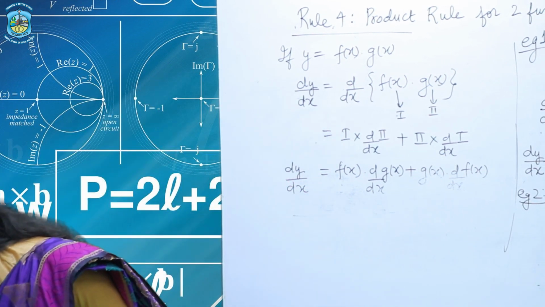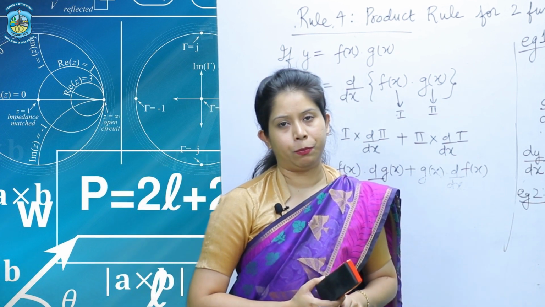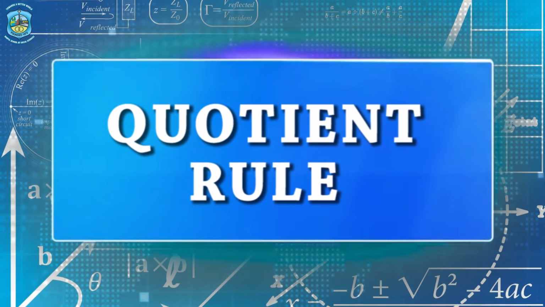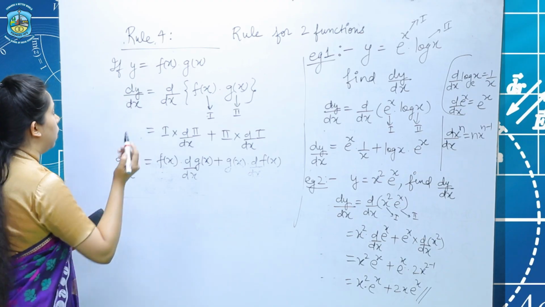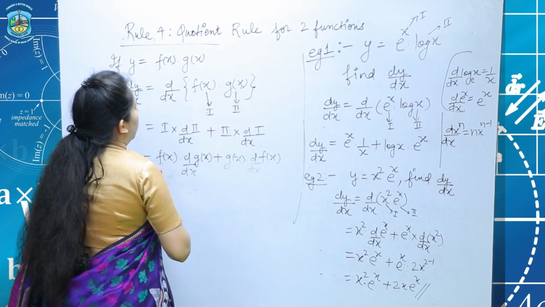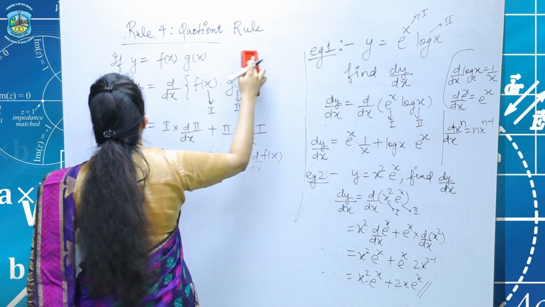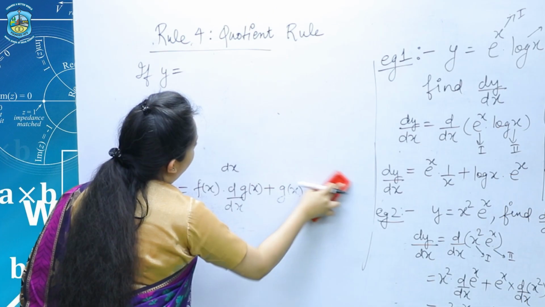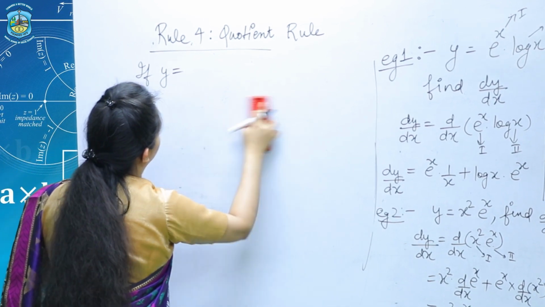Now we will discuss the fifth rule of differentiation, that is the quotient rule. So according to quotient rule, you must have x in the numerator as well as in the denominator. Now for quotient rule, the function will be of the type f of x by g of x, and then we will differentiate both sides with respect to x.